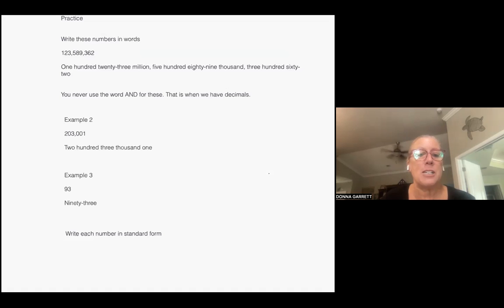All right, write each number in standard form. Okay, so these are the numbers we're gonna write in standard form. If you can't see what I'm doing, I'm just typing them down and then I'll read them to you.